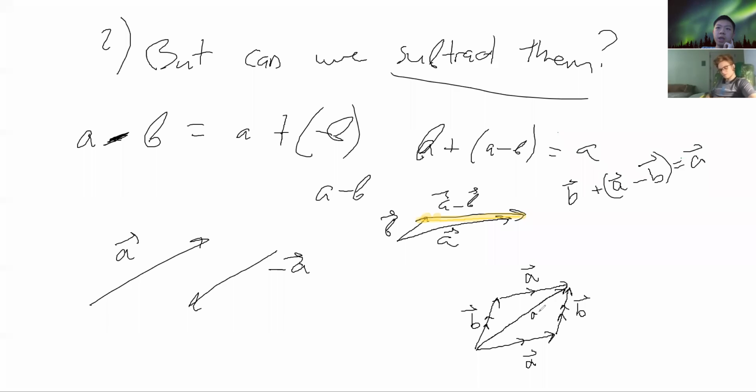So this is going to be A plus B, right? But the other diagonal is going to be A minus B. So you have all the values that you need for addition and subtraction just within one parallelogram, which is made from B and A, the ones you're working with: the long diagonal and the shorter diagonal, which are A plus B and A minus B. And I just think that's pretty interesting.